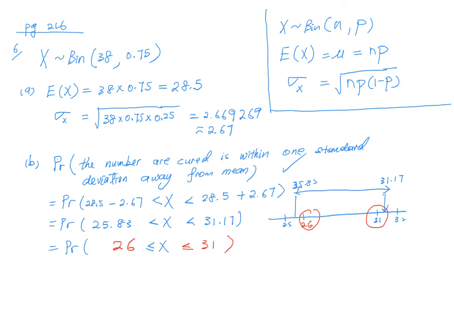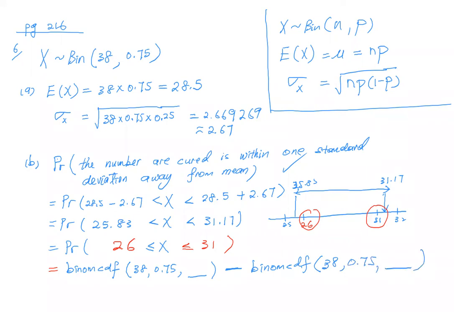So how am I going to use my calculator to help me count? I'm going to use binomCDF 38, 0.75. Here, what should I put? Take away binomCDF 38, 0.75, and what must I put down here?